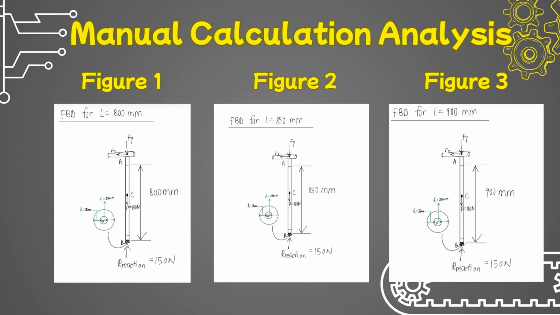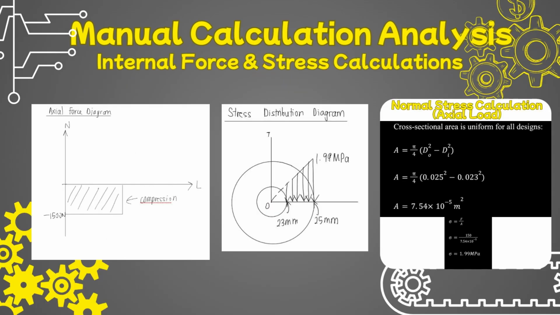We applied a consistent axial load of 150 newtons at point C, which results in a reaction force of 150 newtons at the base. This setup allows us to compare how length impacts the structural integrity of the stick under a standard user load. Moving on to the internal forces, our axial force diagram shows a constant compressive force of negative 150 newtons throughout the shaft.